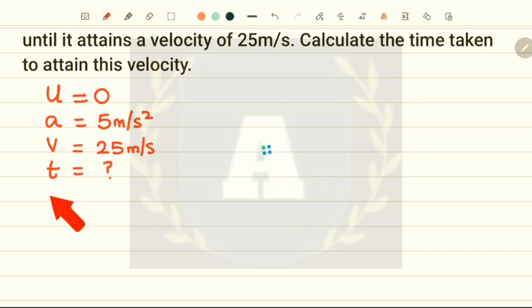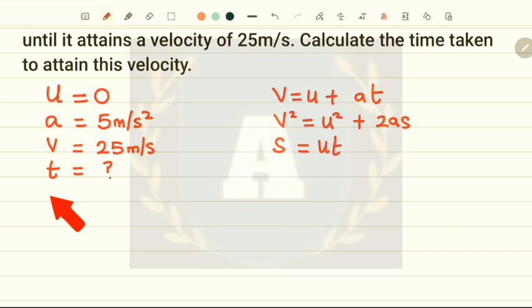We have one equation that says v equals u plus at, and then the second equation of linear motion that says v squared equals u squared plus 2as, and a third one that says s equals ut plus one over 2 at squared, and another that says s equals (v plus u) over 2, multiplied by time.